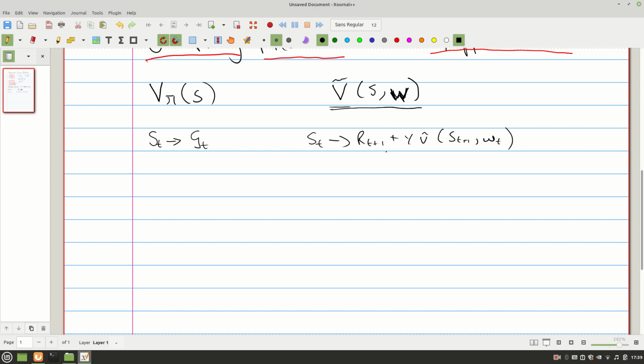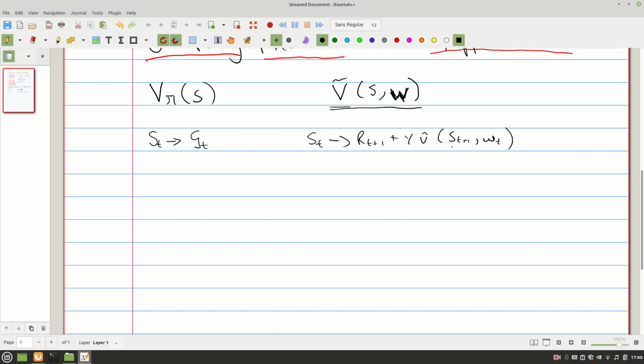So when we are thinking about the Monte Carlo or the TD, this is how we define the Monte Carlo target and the TD target.